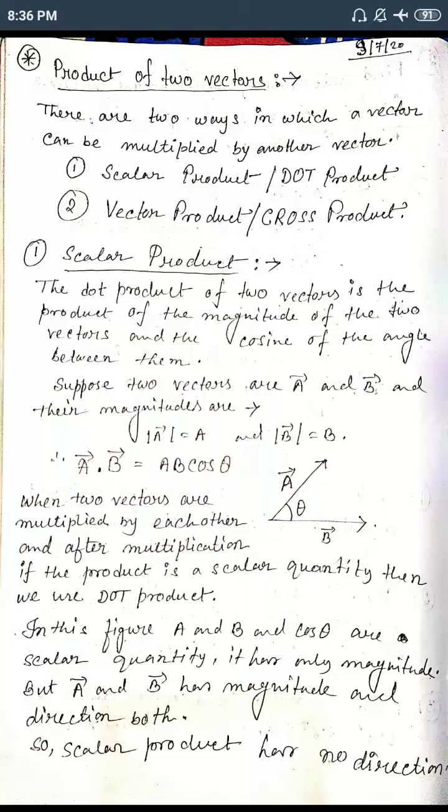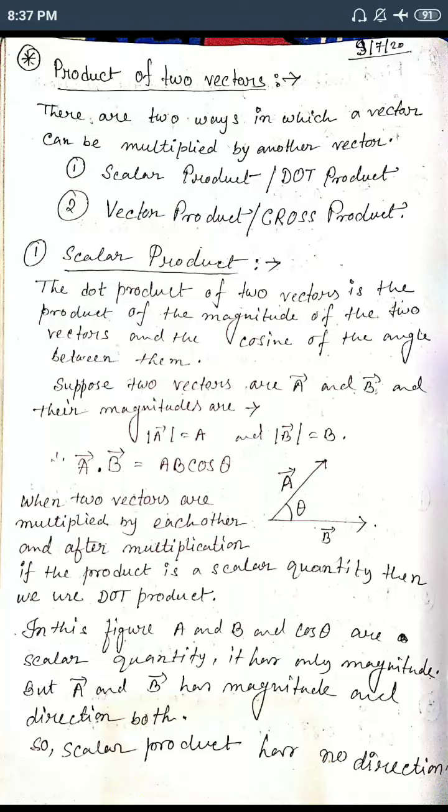When two vectors are multiplied together, we get one product. Suppose, for example, 3 into 2 gives 6 as a product. Similarly, if we multiply two vectors and the quantity we get is a scalar quantity, then we use the dot product or scalar product.